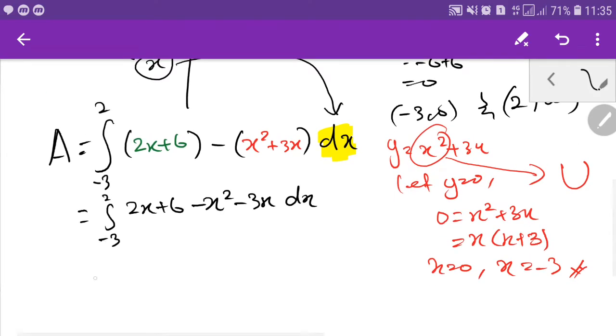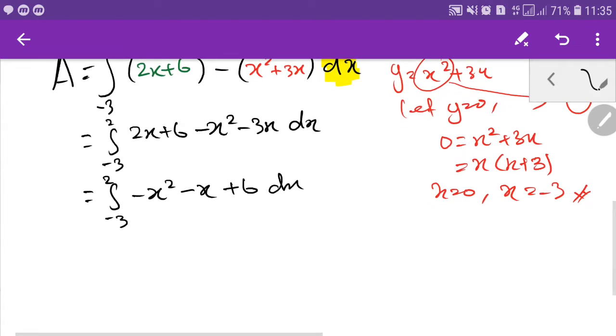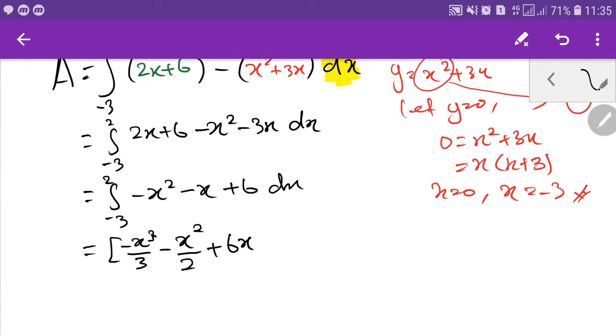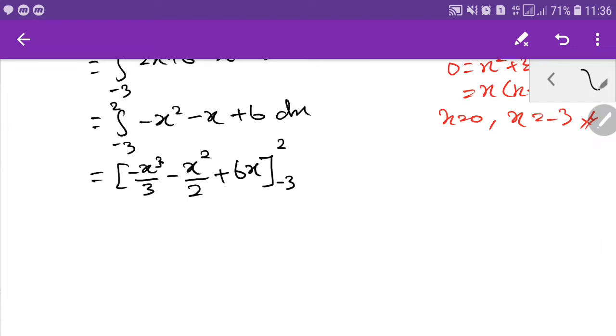Then we can simplify. Maybe put the square in front: this becomes the integral of minus x squared minus x plus 6 dx. Now that we have simplified it, we can integrate it: minus x cubed over 3 minus x squared over 2 plus 6x. Then we close the integration with the limits on the right.